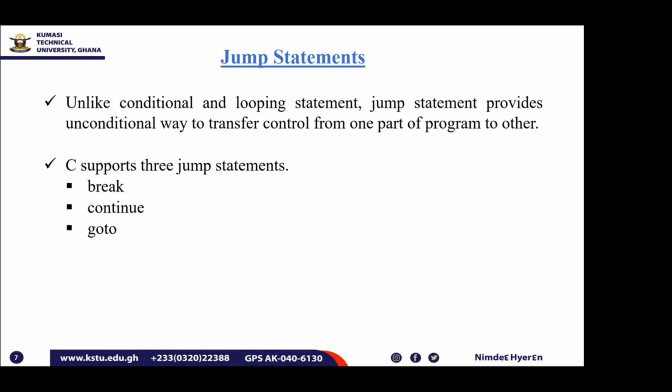So the first one is the break. The second one is the continue. And the third one is the goto. So these are basically a brief introduction to the 3 control statements.